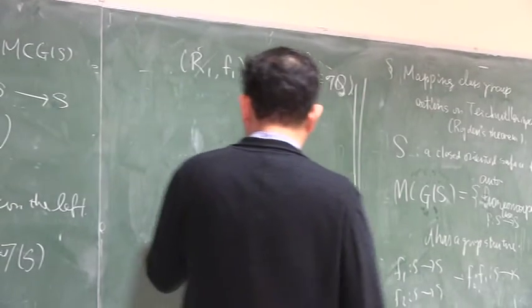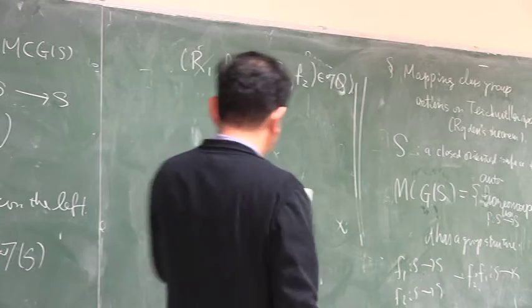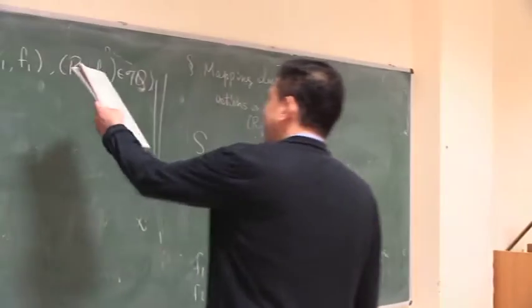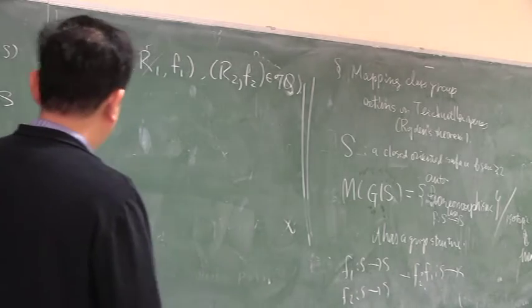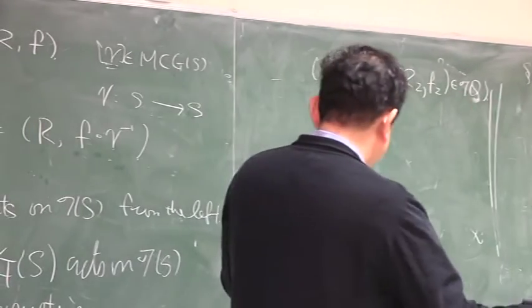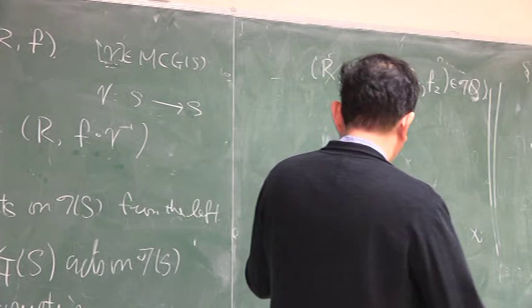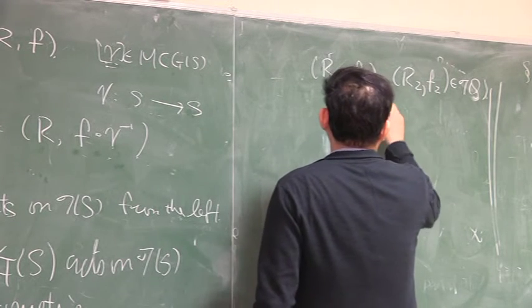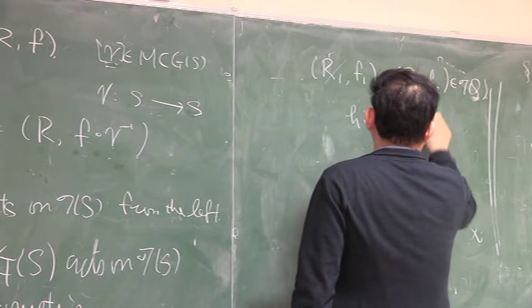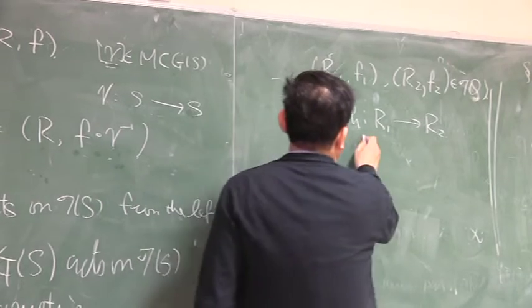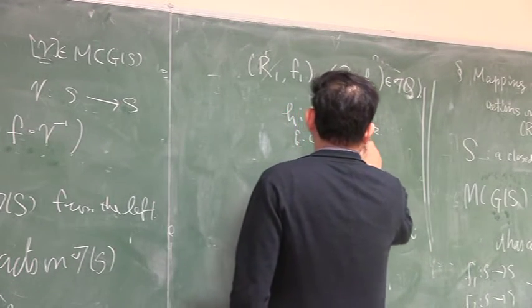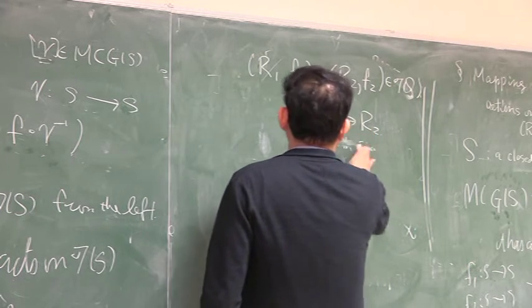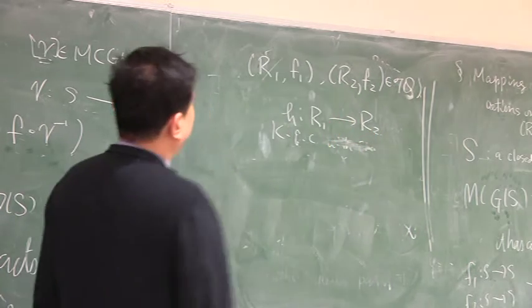So suppose you have two points. The distance between these two points was defined to be half of the log of the smallest dilatation. So suppose you have a quasi-conformal map, maybe a K-quasi-conformal map in general.